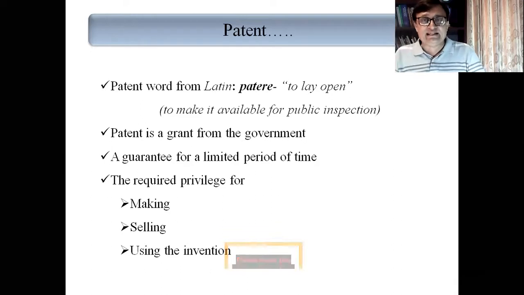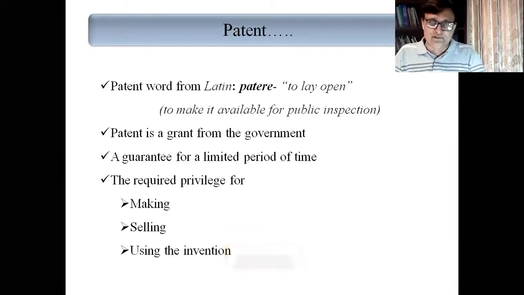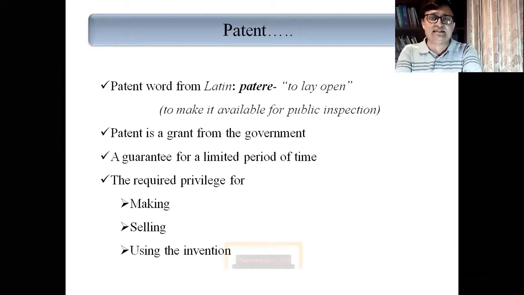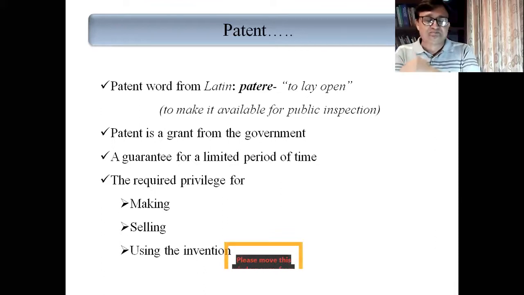If anybody has an objection that no, this is not your discovery, they can make an objection under the Indian Patent Act 1970. So in the Patent Act 1970, there is allowance of pre-grant objection, and even if the patent is granted, post-grant objection is also allowed.